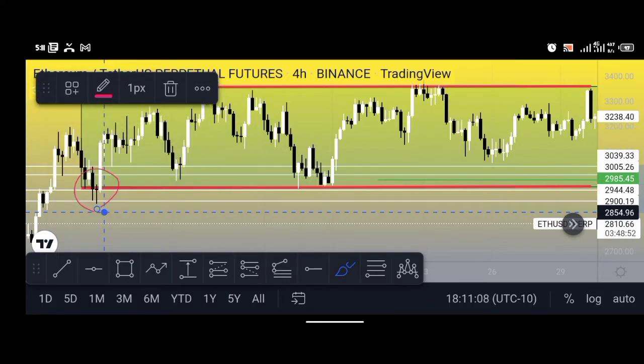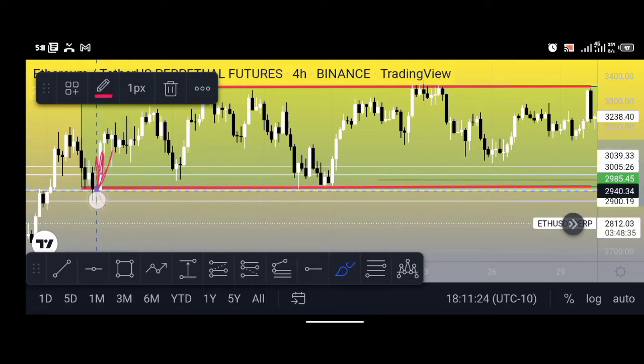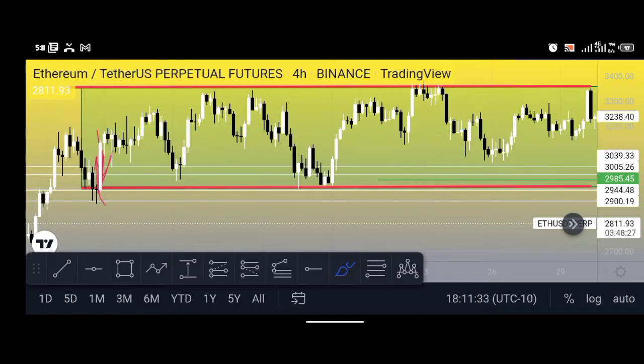Make sure you identify the candle and it's formed with a good bullish momentum candle. That white candle there is going to be your entry reason for placing a trade in the ranging market. Before you place a trade, make sure you have a good reason.